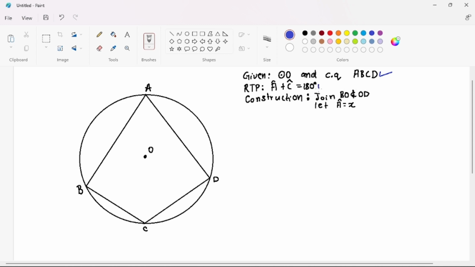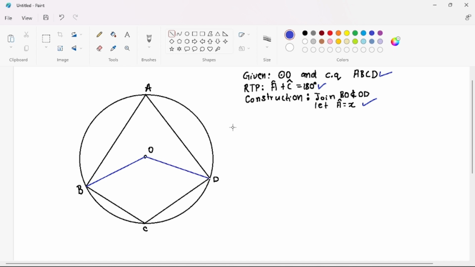As we always do, guys, we have to construct before we prove any theorem. So we are going to join BO and OD. So this is BO and this is OD.